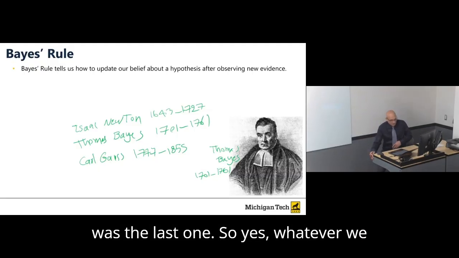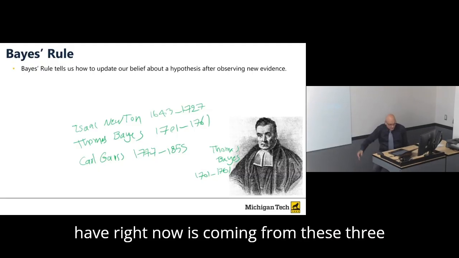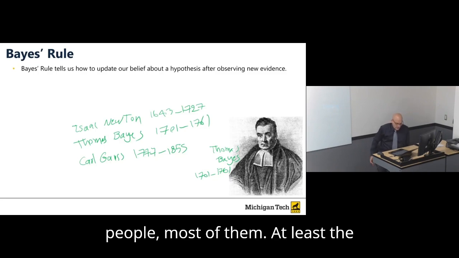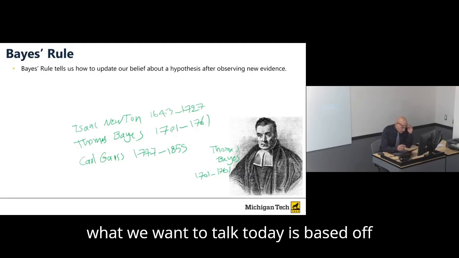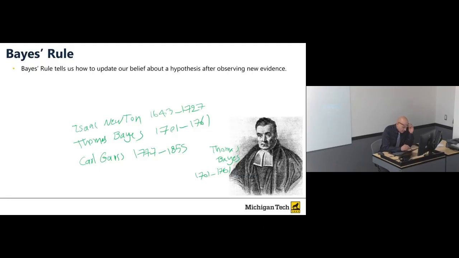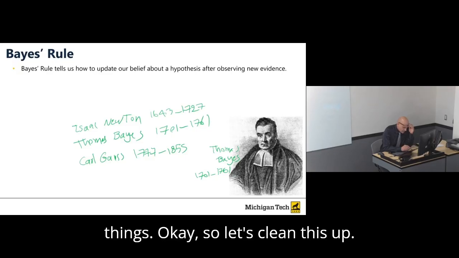So whatever we have right now is coming from these three people, most of it, at least the base was from them. And what we want to talk about today is based off Bayes' work. Okay, so let's clean this up.